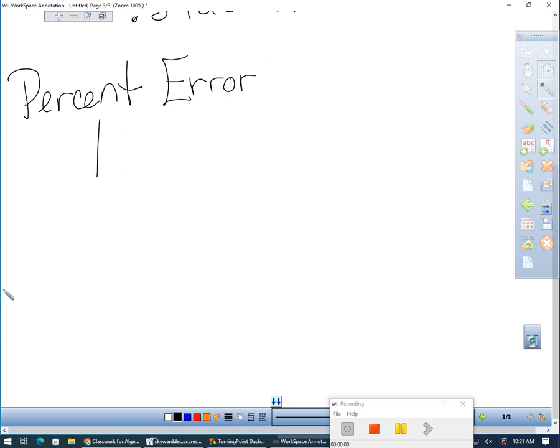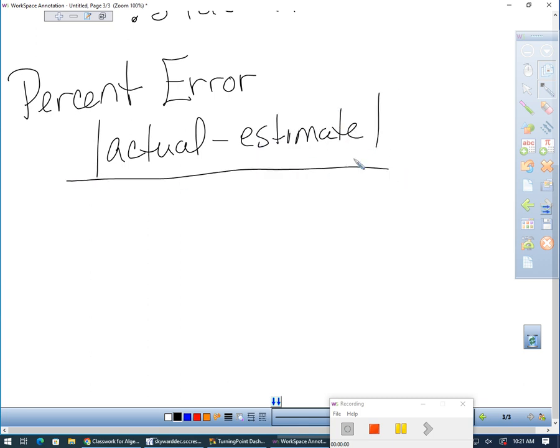We're going to have the absolute value of actual minus the estimate divided by the actual times 100. Basically the same thing.